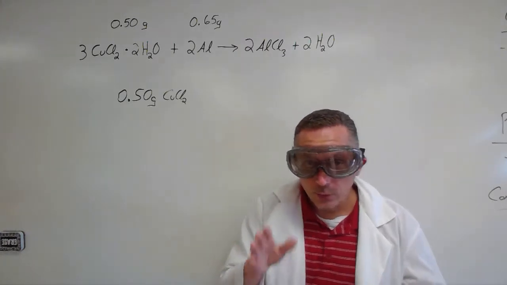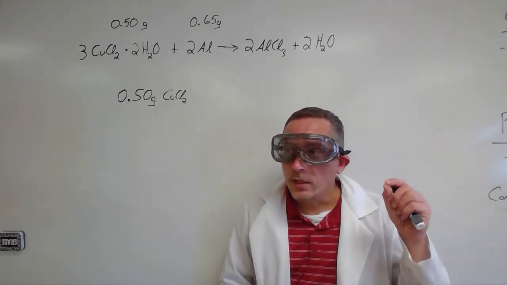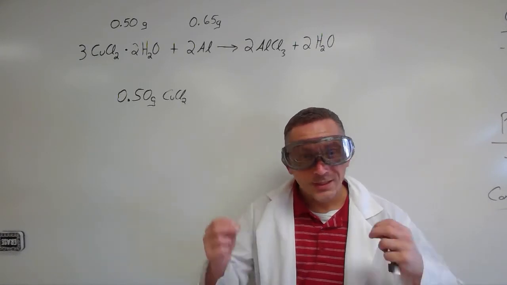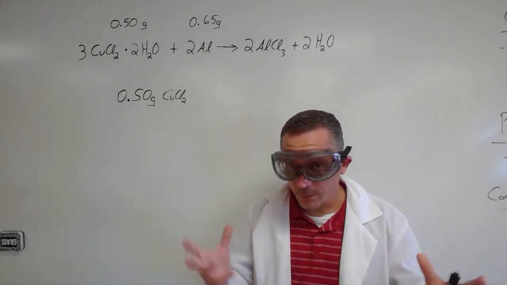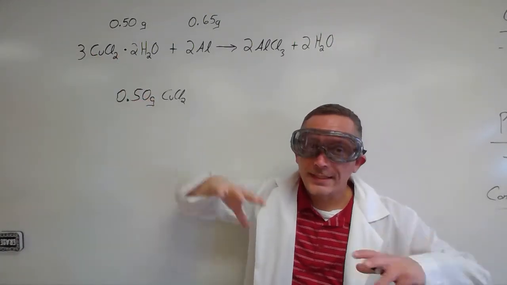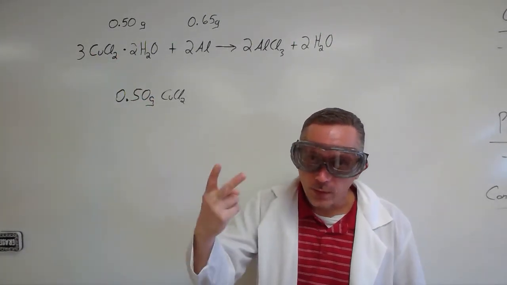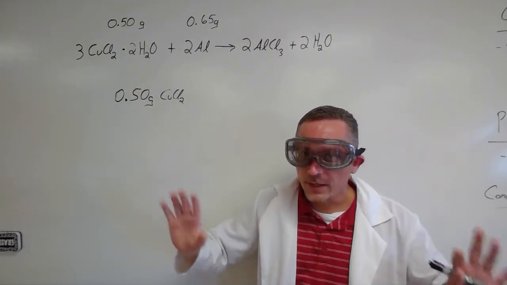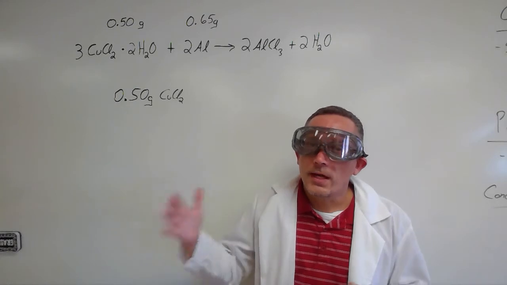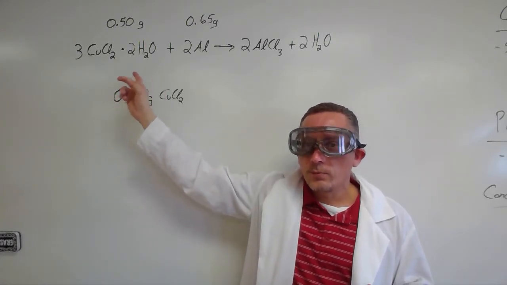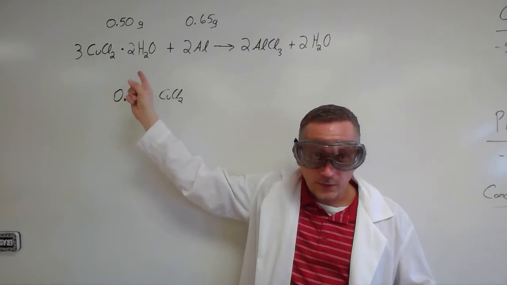Now, one thing you're probably not aware of at this point. This copper chloride that we're working with is what's called a hydrate, which means there are some water molecules stuck in the crystal structure of the copper chloride, and this particular type is what's called a dihydrate, which means there are two water molecules stuck in the crystal structure. So when we calculate the molar mass of this stuff, we have to include not just the CuCl2, but also two water molecules.